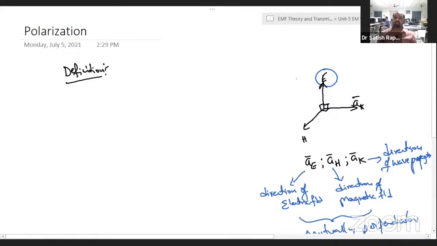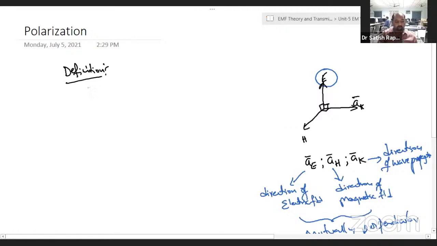So polarization is nothing but orientation of electric field in space with respect to time, how electric field is changing with time in space.